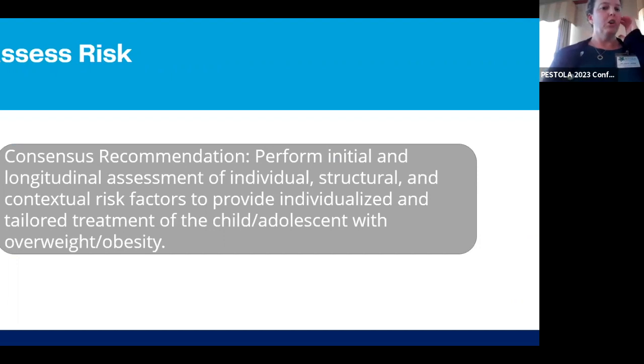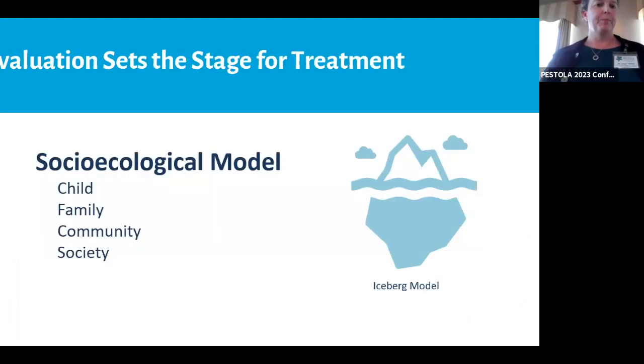And this is kind of a core concept, because if you don't recognize all those factors that I showed previously, then it's really hard to address and have conversations with the family about what factors are contributing for them and then how that impacts treatment. So as I already mentioned, the evaluation must look at the whole child and the context of the environment in which they live. So we need a whole picture.